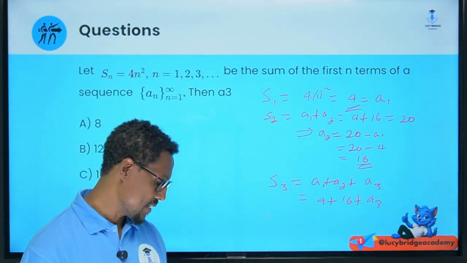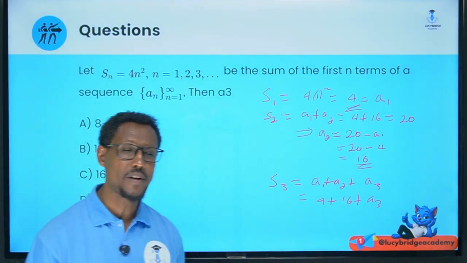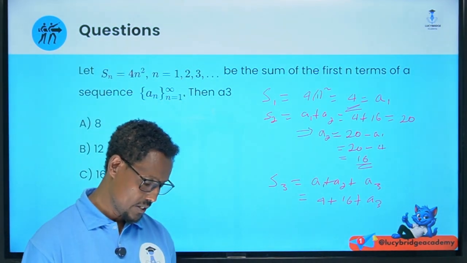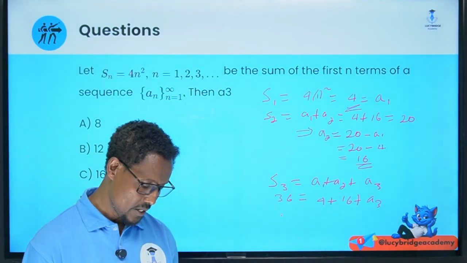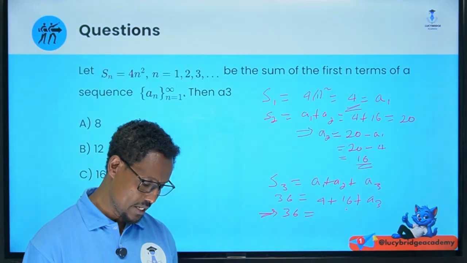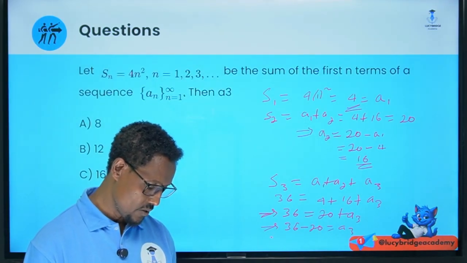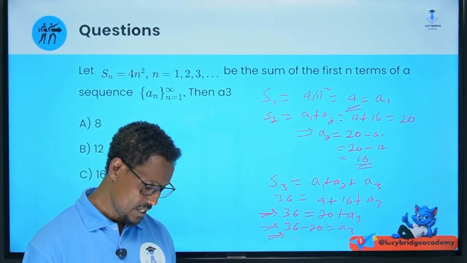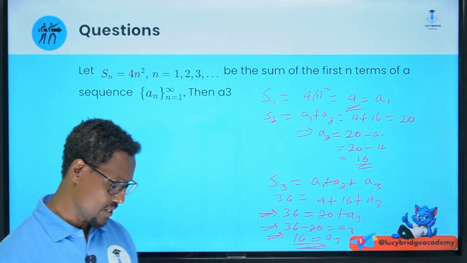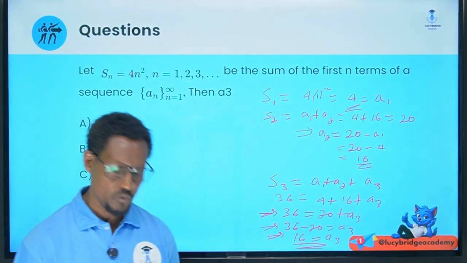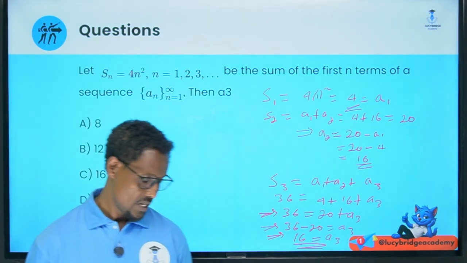But S3, when n is 3, 3 squared is 9, and 9 times 4 is 36. This implies that 36 is equal to 4 plus 16 plus A3, which means 36 minus 20 is equal to A3, so A3 is 16. So the third term A3 is 16.